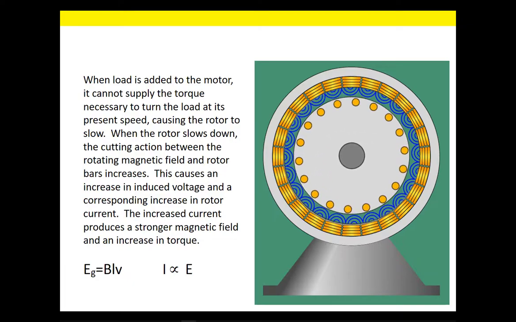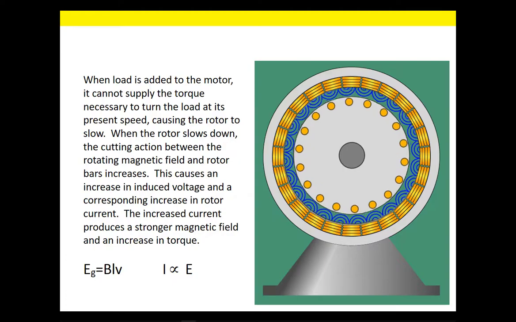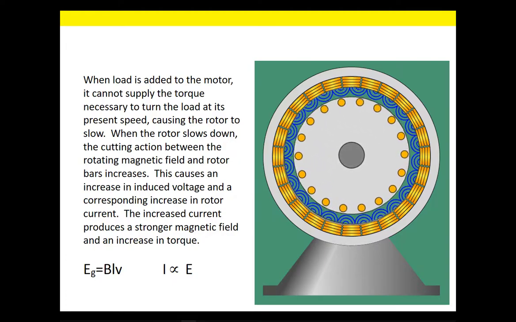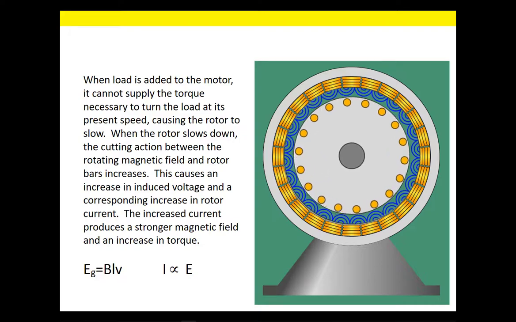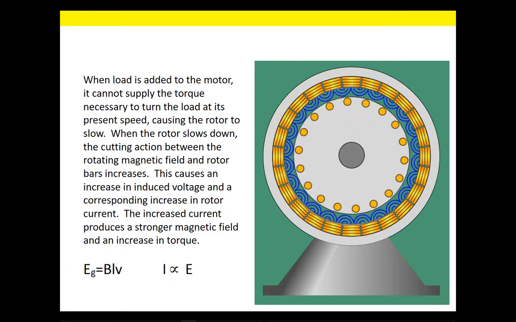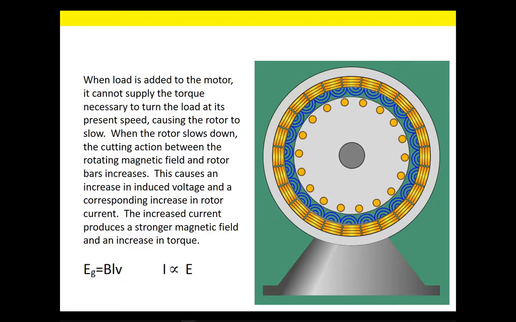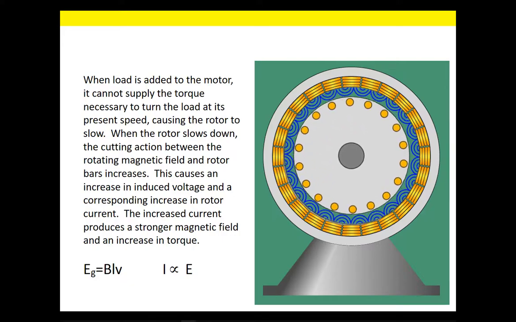So when load is added to the motor, it cannot supply the torque necessary to turn the load at its present speed, causing the rotor to slow. When the rotor slows down, the cutting action between the rotor and the magnetic field and the rotor bars increases. Okay, so when we're at full speed, no load, our rotor is rotating near synchronous speed.